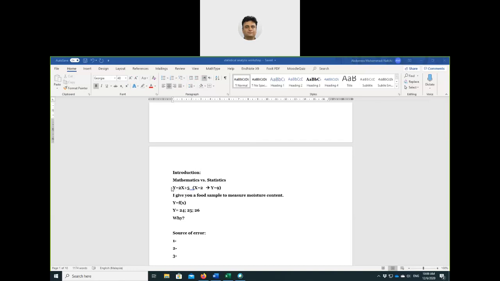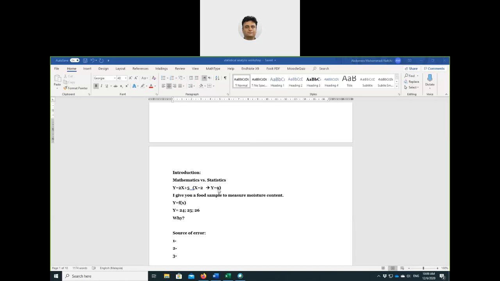Y is the dependent variable, and x is the independent variable. We change the x and measure the y.